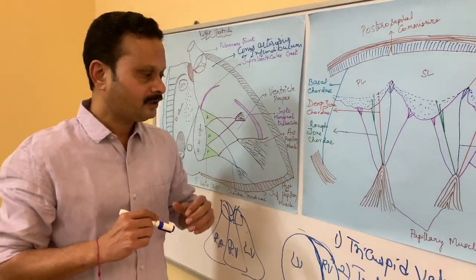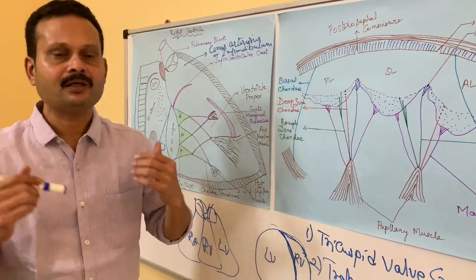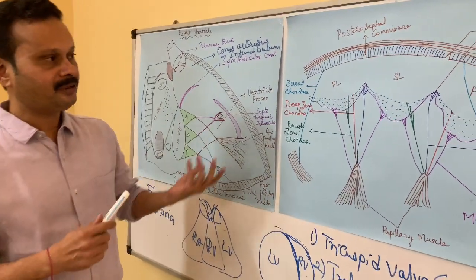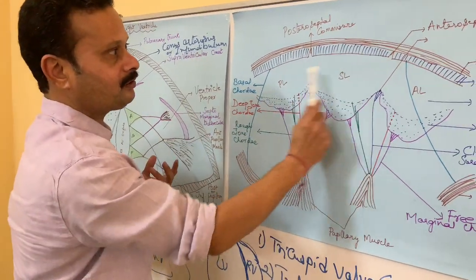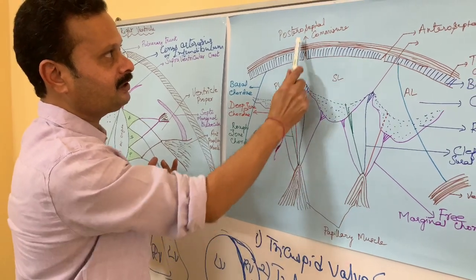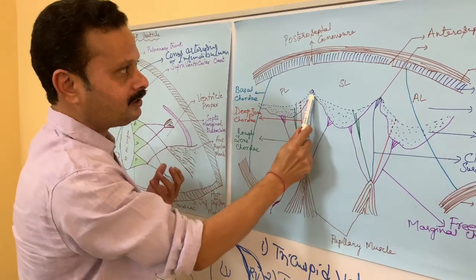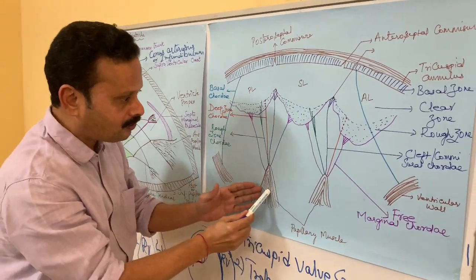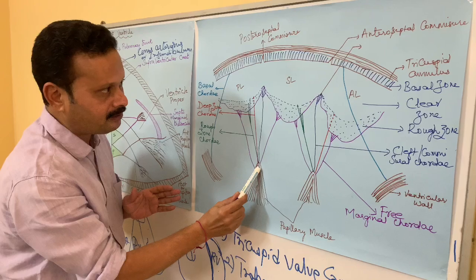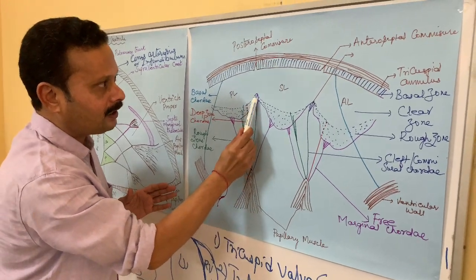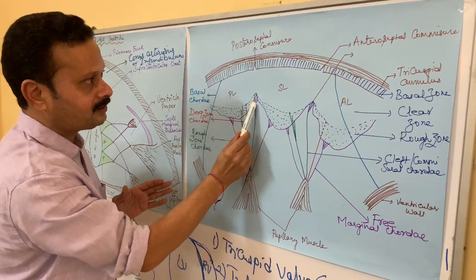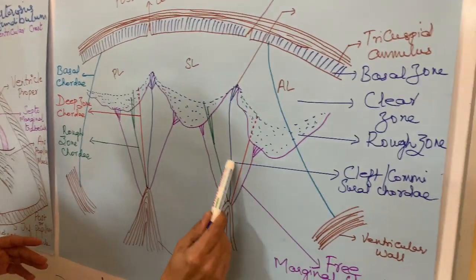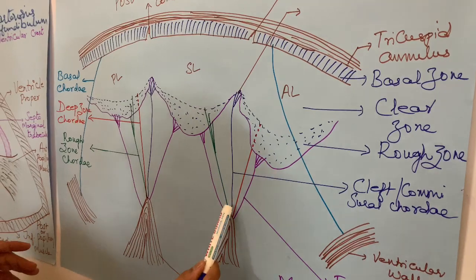I can say they are commissural or cleft chordae. Commissure, already you know, is the junction between the two leaflets, and at the ventricular side we can call it the cleft. So those chordae which extend from the papillary muscle and are attached to the cleft, see this one, this is the cleft chordae or commissural chordae.